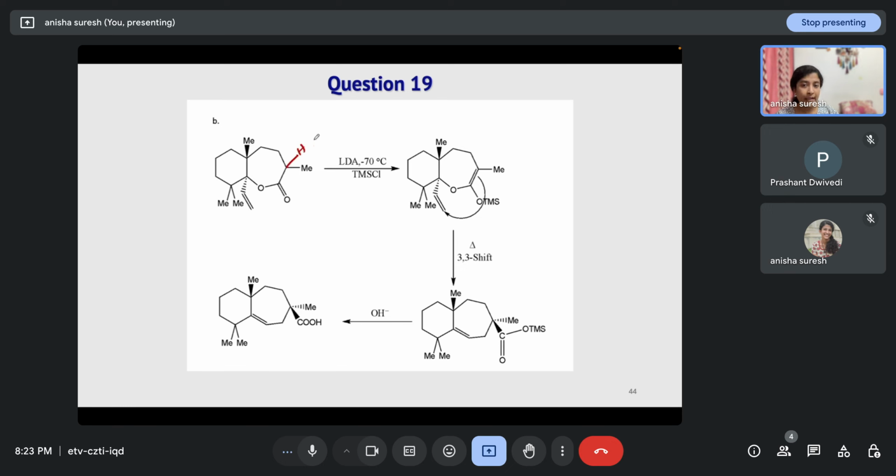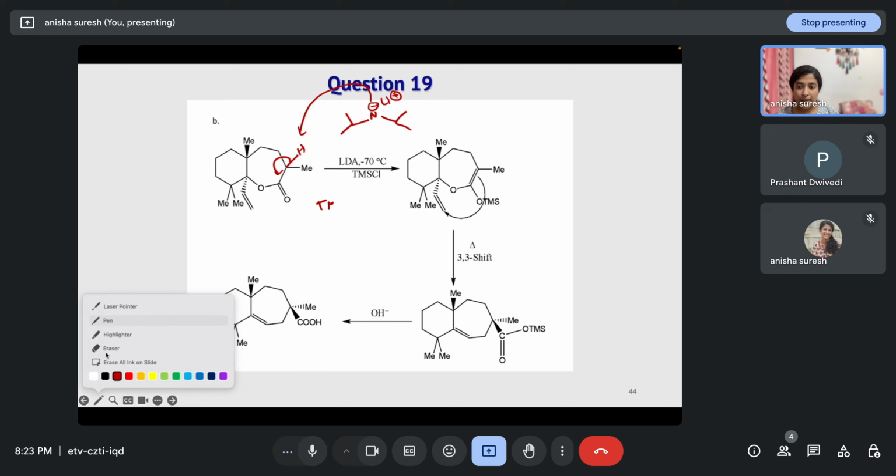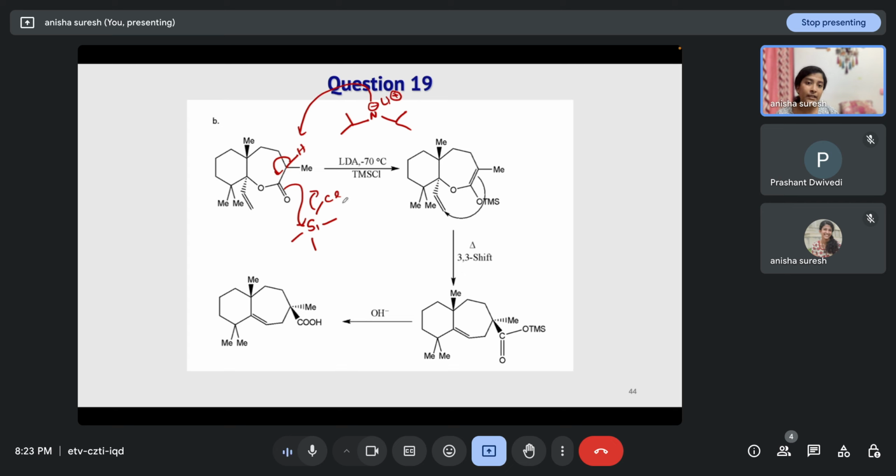The LDA, that is lithium diisopropylamide, will be abstracting this proton and this trimethylsilyl, and it will result in the formation of this enol TMS.